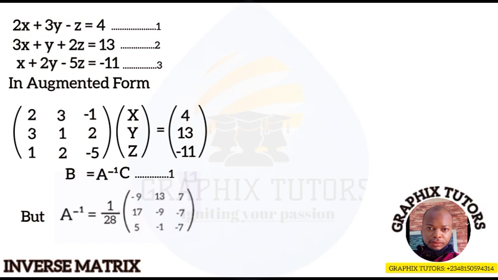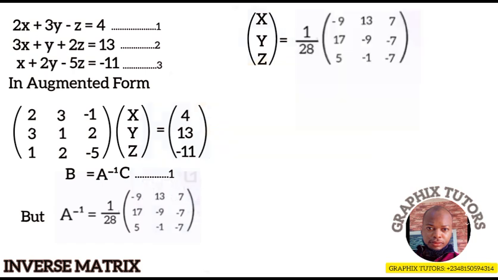This is the inverse of A. Now, I substitute the values, since we already know what B and C are. So B, which is x, y, z, equals 1 over 28 scalar multiplying that matrix, then multiplying C. This is the value of C: 4, 13, and minus 11, right?